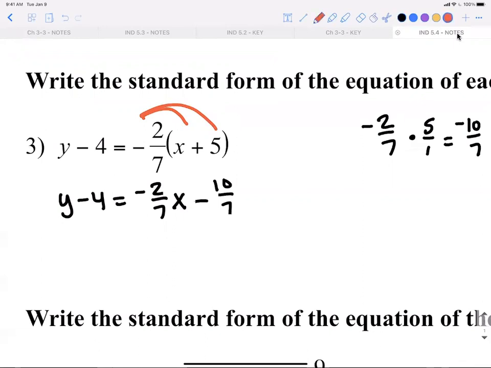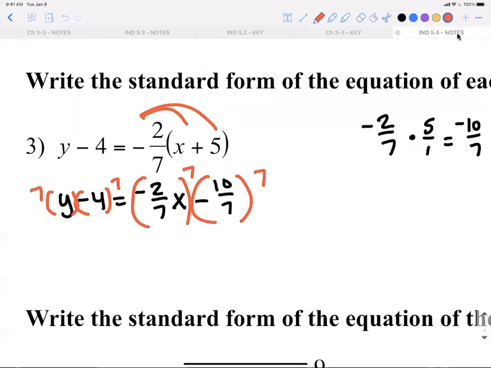Now that means the y and the -4, you can't forget that, or else it's going to throw everything off. y minus 4, those are two separate terms, so they each get the 7. The -2/7 x is one term, so it gets the 7. And then this -10/7 gets the 7. Everybody follow me there?